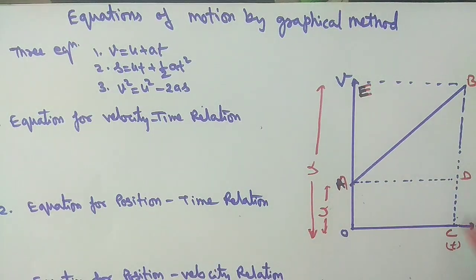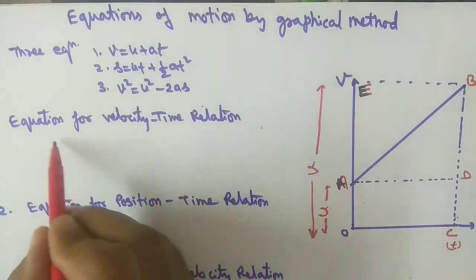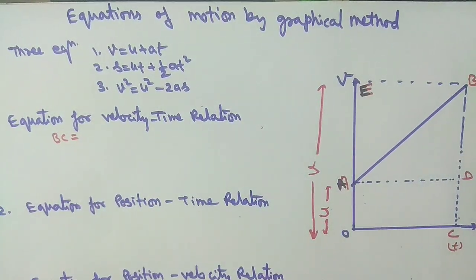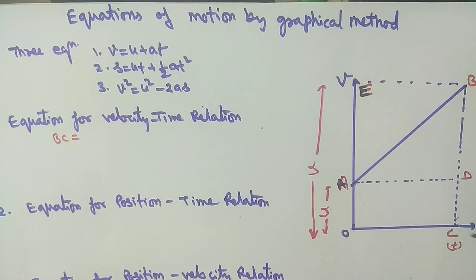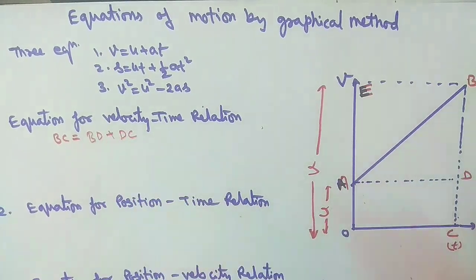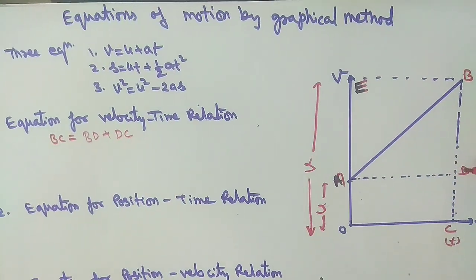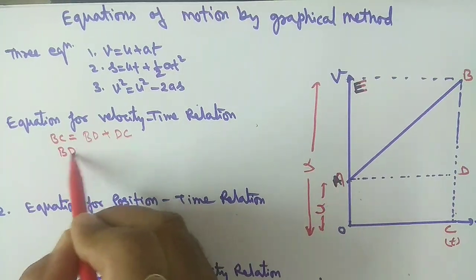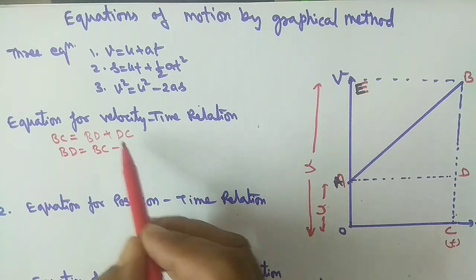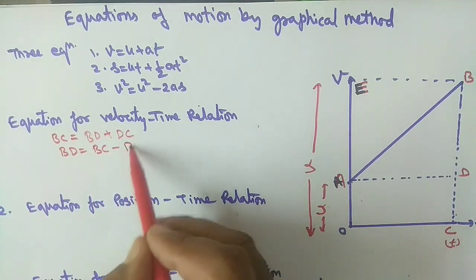BC is equal to BD plus DC, or BD is equal to BC minus DC.